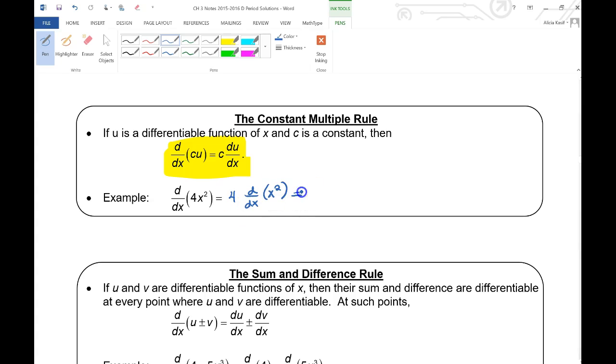So if I move the 4 to the front, I could do the derivative of x squared, which we just said, what's the derivative of x squared? 2x. Now, I will tell you, I never write it out like this.